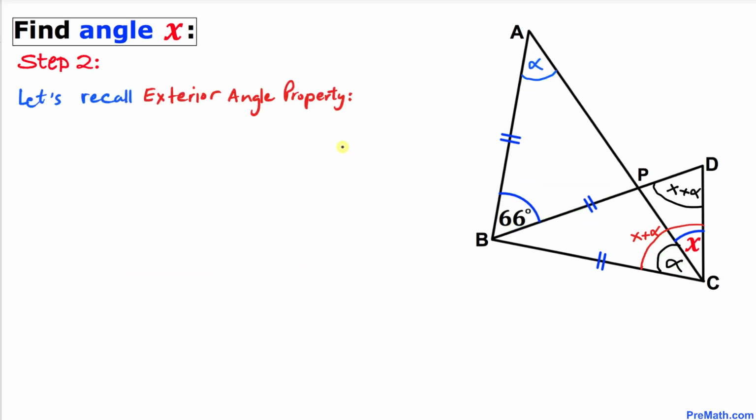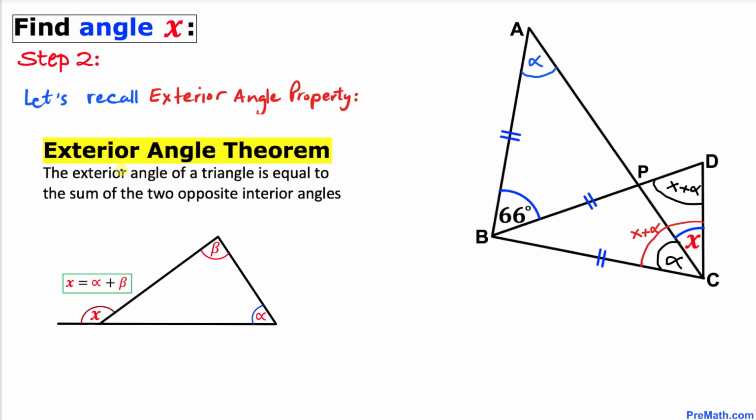And here's our next step. Let's recall the exterior angle property. Here's our exterior angle theorem: the exterior angle of a triangle is equal to the sum of the two opposite interior angles. In our case, this X is our exterior angle, and that is equal to the sum of the two opposite interior angles alpha and beta.